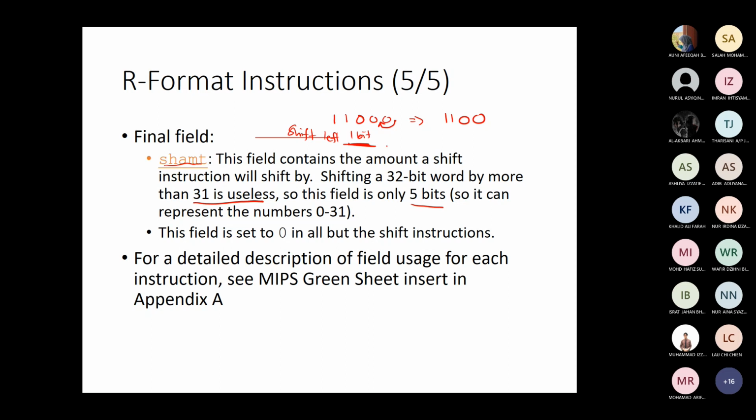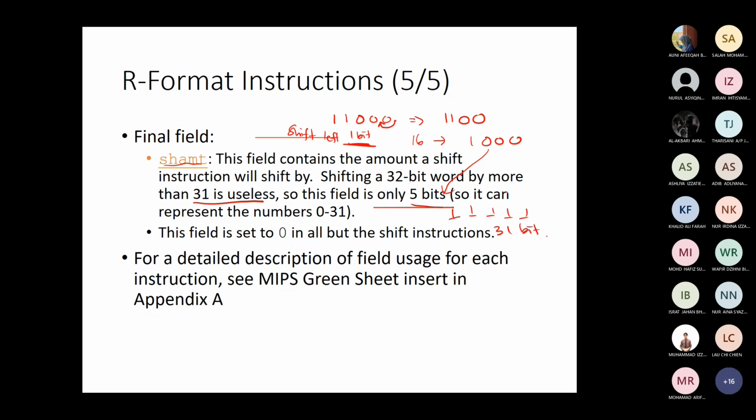Let's say if I want you to shift by 16 bits, 16 in binary is 10000. It can still be stored in the shift amount because we only require 5 bits: 1, 2, 3, 4, 5. If we put 11111, it means that only 31 bits can be shifted.